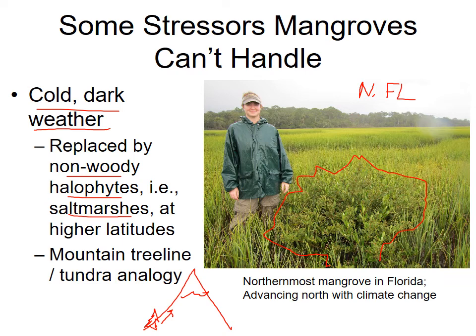So who knows, in another couple decades maybe they'll already be in Georgia, but for now this is the most northerly mangrove in Florida, and this is the black mangrove. Compared to the other species of mangroves that we have in Florida, the black mangrove is the most tolerant of cold weather, so it's the vanguard of the advancing mangroves. It's the first one that you get as the climate is warming.